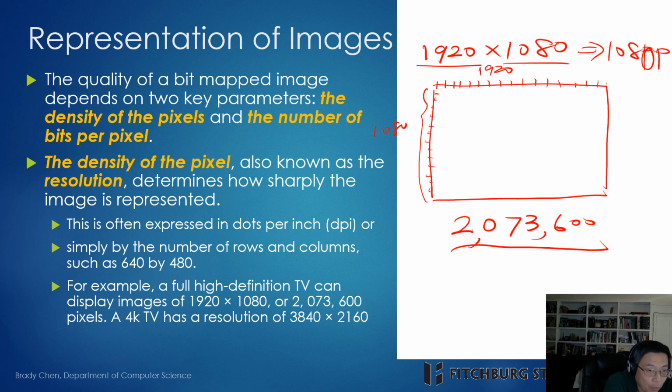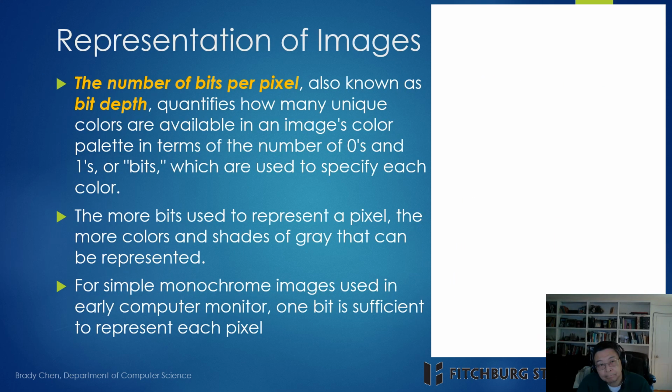A 4K TV has a resolution of 3840 times 2160. So that's how we measure the resolution. Now, the other parameter we use to measure the quality of a bitmapped image is the number of bits per pixel.